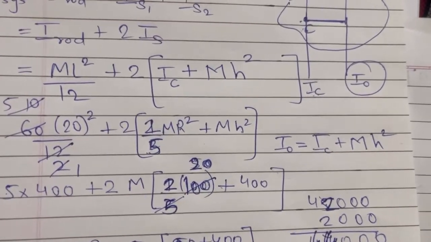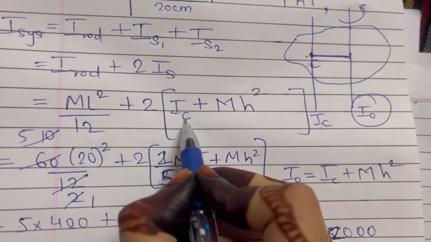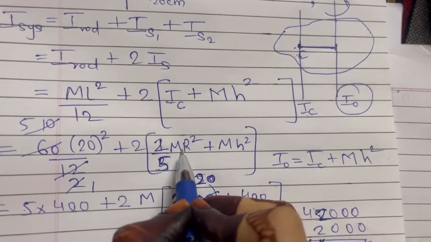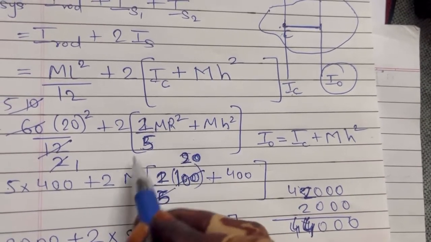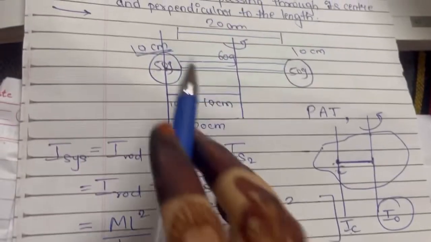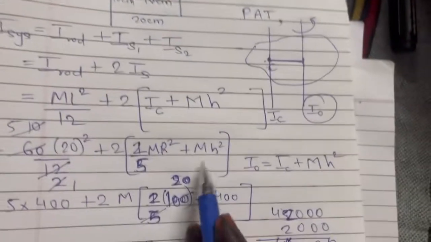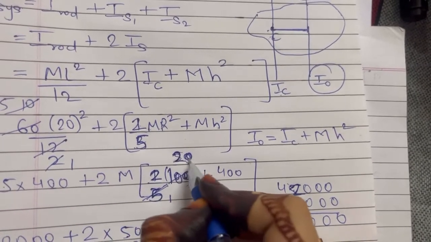So now I have made the changes. The moment of inertia for the sphere when the axis is passing through the center is 2 upon 5 mr square. So 2 upon 5 mr square, m is taken out as common. So r square, the radius of the sphere is 10, so 10 ka square is 100. So you have 100 over here, so 5 ones are 5, 5 2s are 10, 5 zeros are 0.